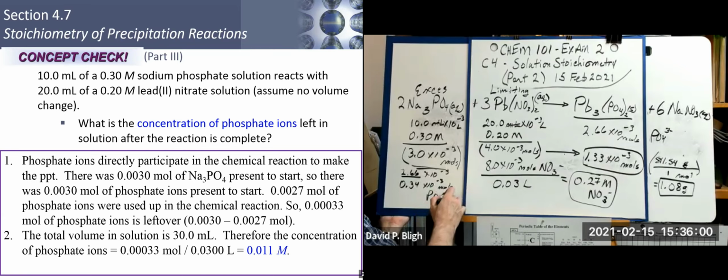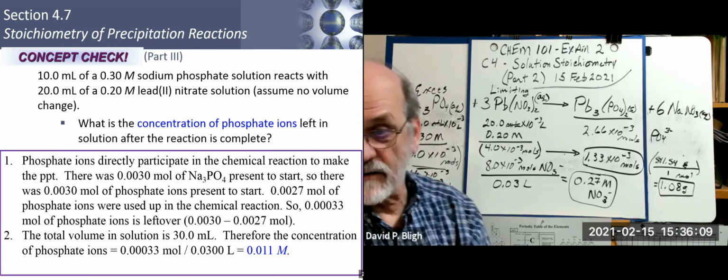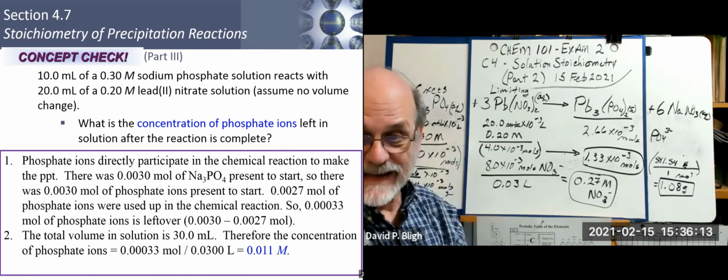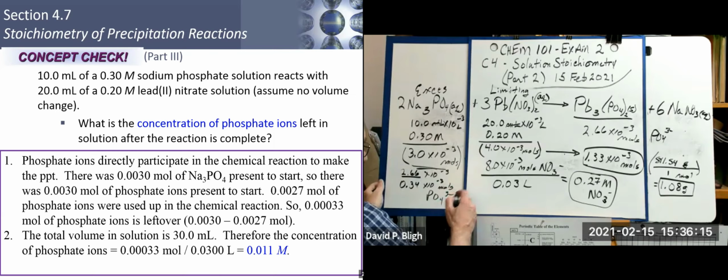Okay? So that's how many moles. That's not scientific, but that's okay. We can plug it in our calculator just like that. In a final volume of what? 30 milliliters, or 0.03 liters. So we divide this by 0.03 liters.